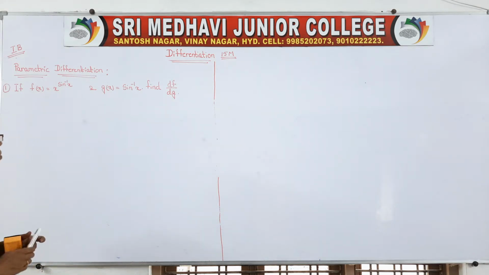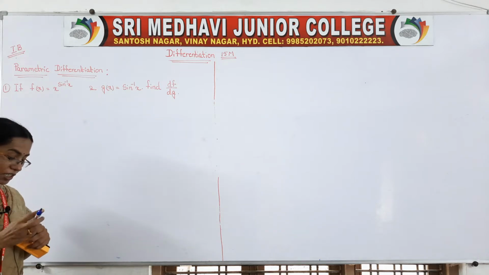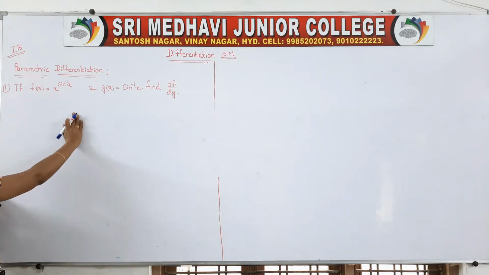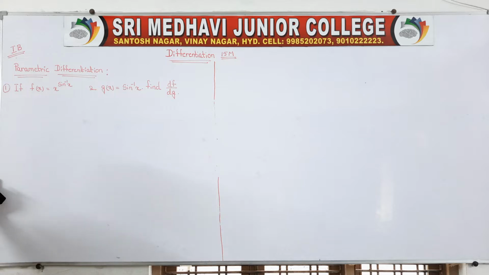And now come to parametric differentiation. When we will use this parametric, and what is the meaning of parametric differentiation means very simple. Till now we had one function, but in this parametric differentiation they will give two equations to you and find the derivative of those functions.